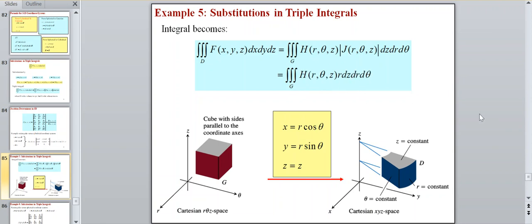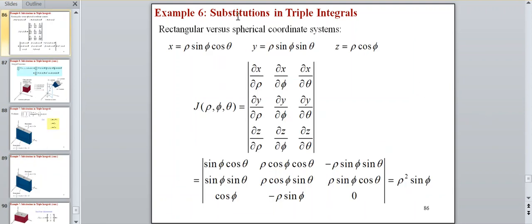Another point. You remember for three-dimensional space, we have another coordinate system, which is called the spherical coordinate system. And do you remember that we said we can calculate a triple integral in a spherical coordinate system.